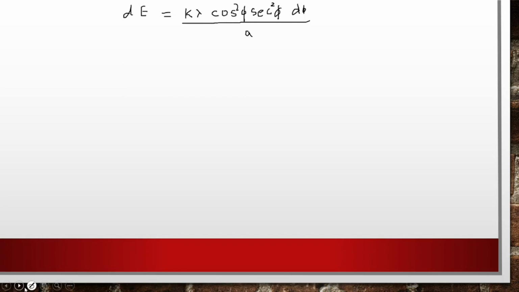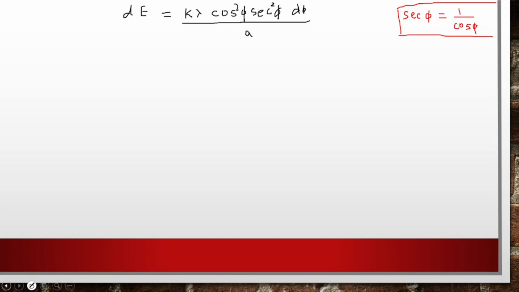Now, this sec square phi. What is sec phi? 1 by cos phi is sec phi, right? Let's write it here: sec phi is equal to 1 by cos phi. Put it in a box. Now apply here.